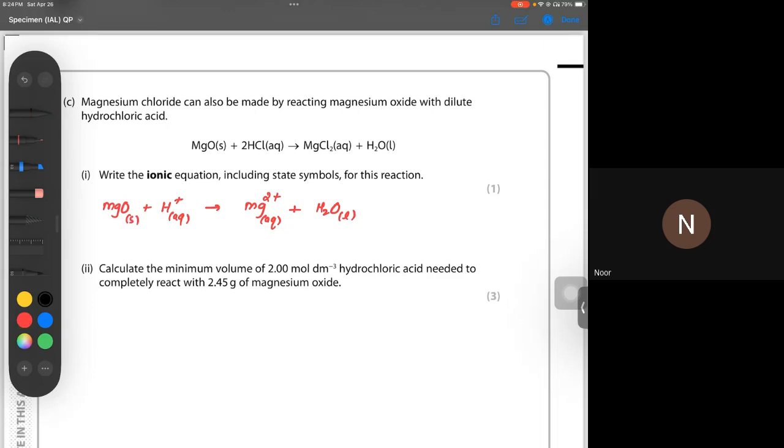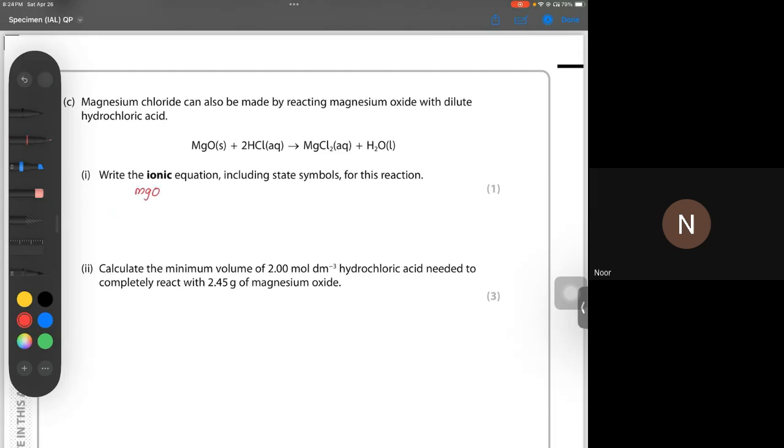Do you know how I got this answer? Should I show the working? Yes. So you are supposed to break down the compound which is going to have the aqueous state symbol. First I would be doing MgO solid.